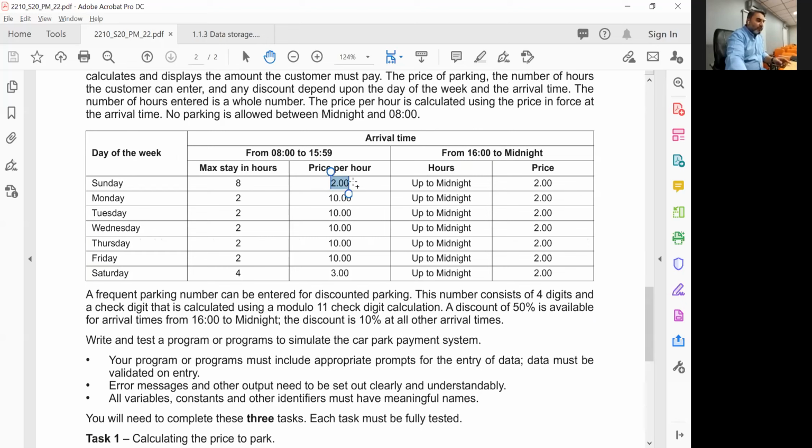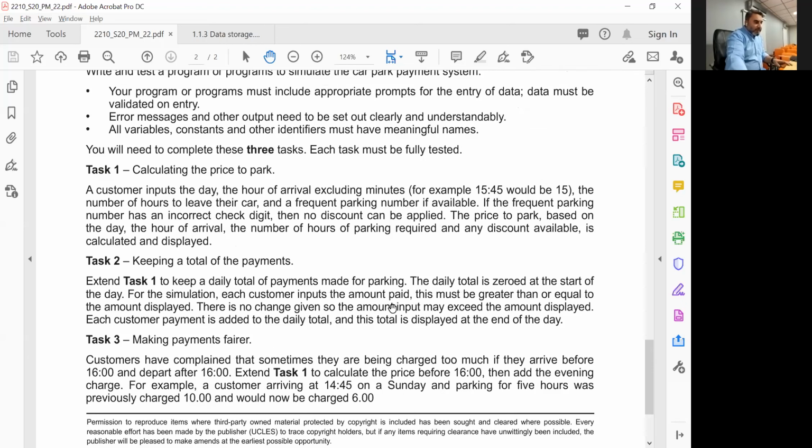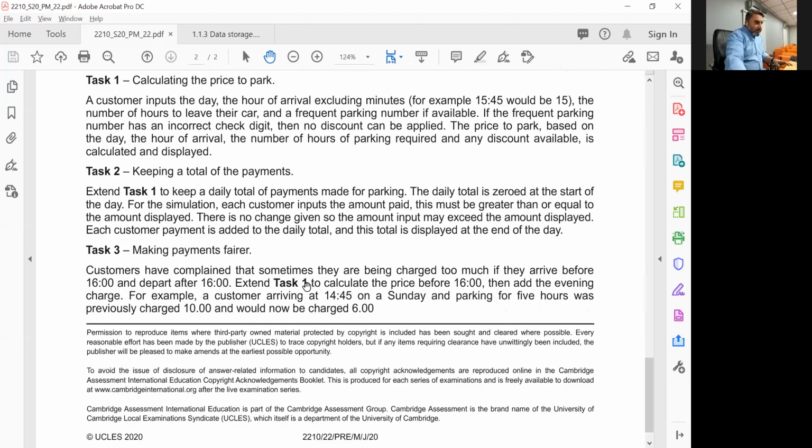So that will be 2 hours multiplied by 2 becomes 4. And afterwards, 16, 17, and 18 will only be charged for rupees 2. So that would be 4 plus 2, 6. So over here they have mentioned it: a customer arriving at 14:45 on Sunday and parking for 5 hours would now be charged 6.